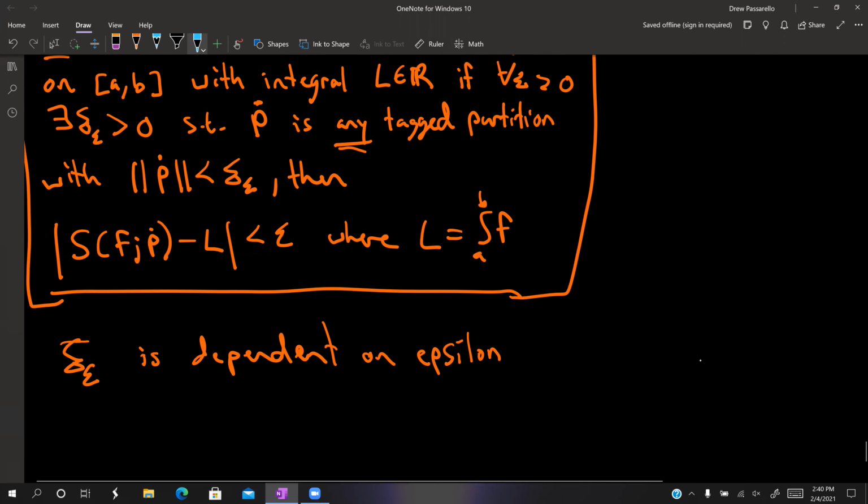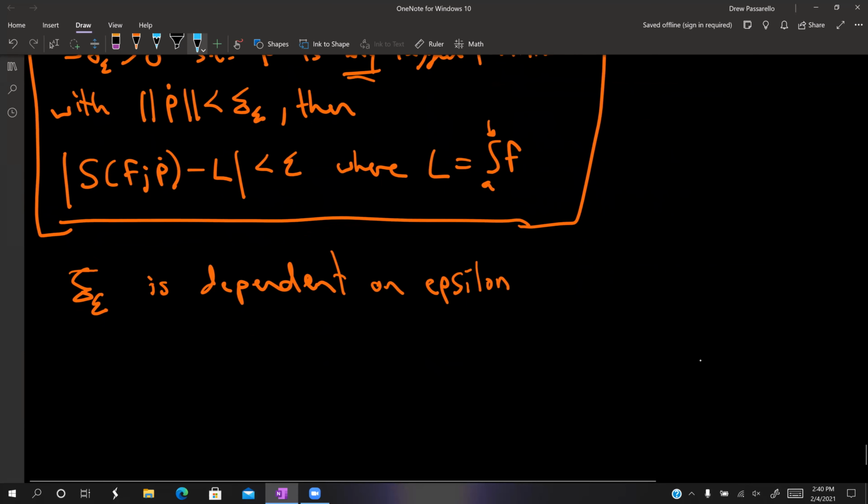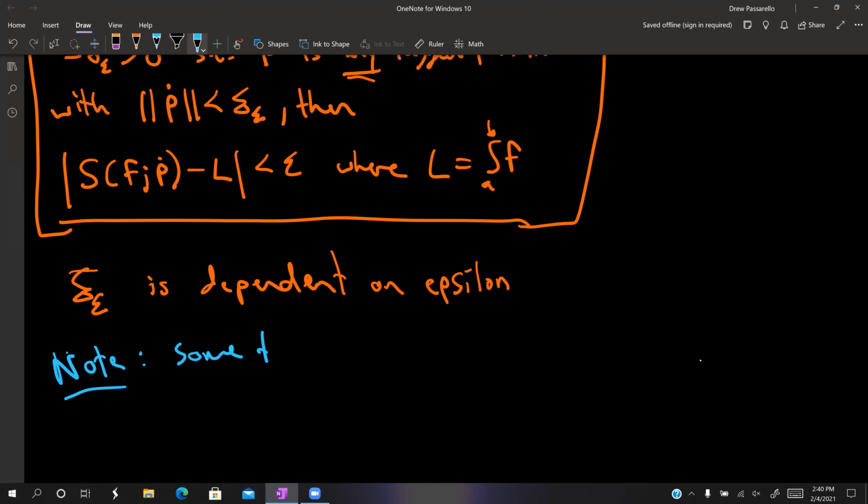One thing to note is that the norm is not a function of the Riemann sum. So this limit is a different type of limit than what we're used to. In some texts you'll see the norm approaching zero as some limit.